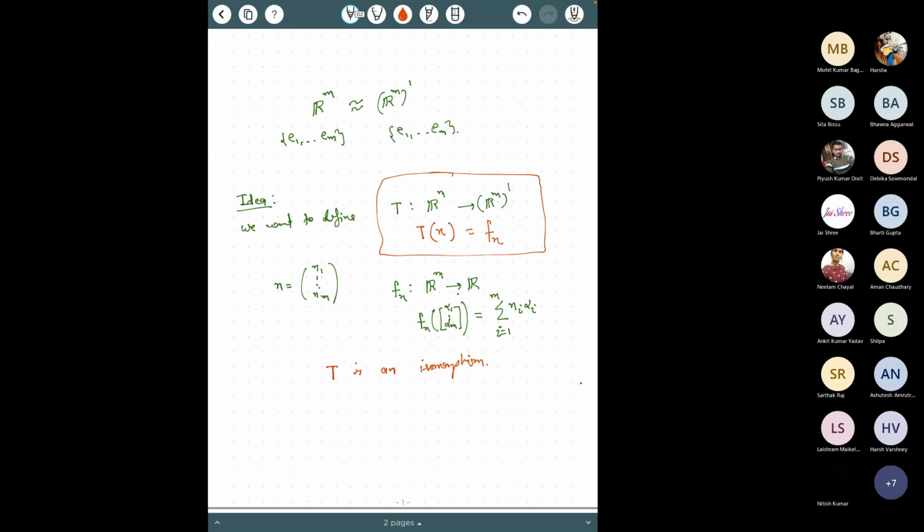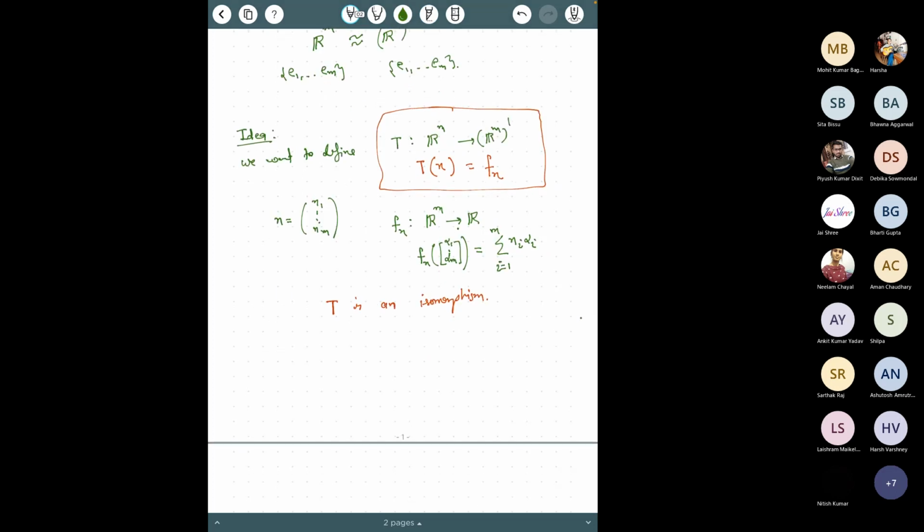Now come back to our main question. We know we have an isomorphism between Rm and Rm dash. Why is the dual basis of this E1 to Em, the standard basis in Rm, the same basis itself? Why is this true?